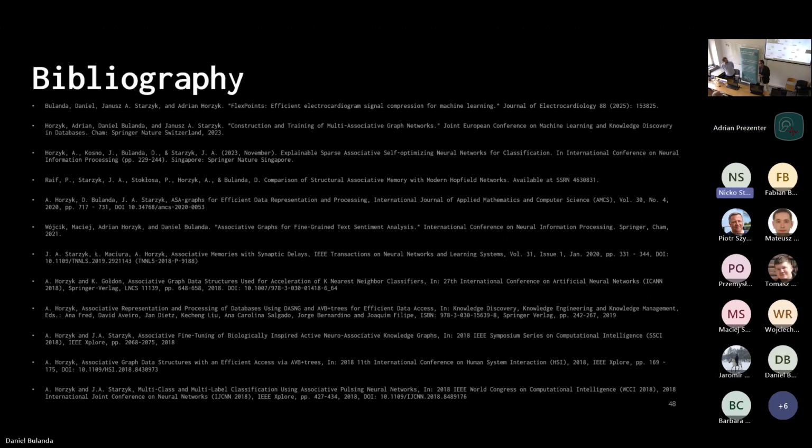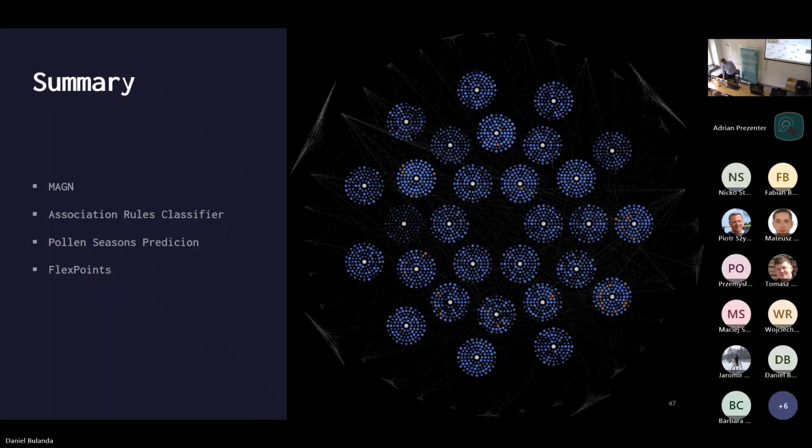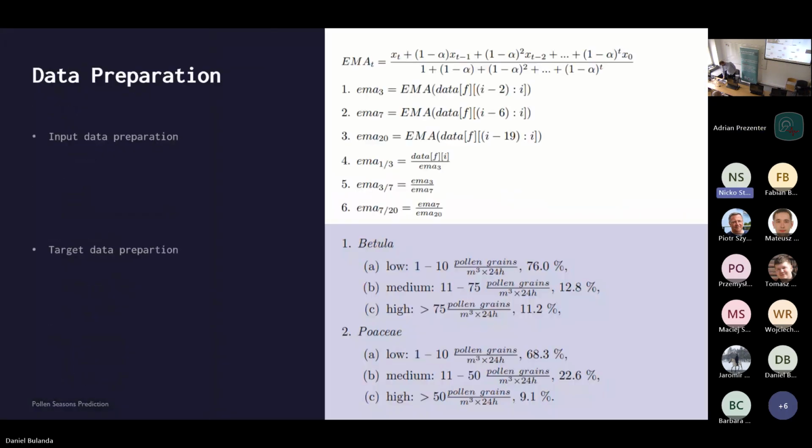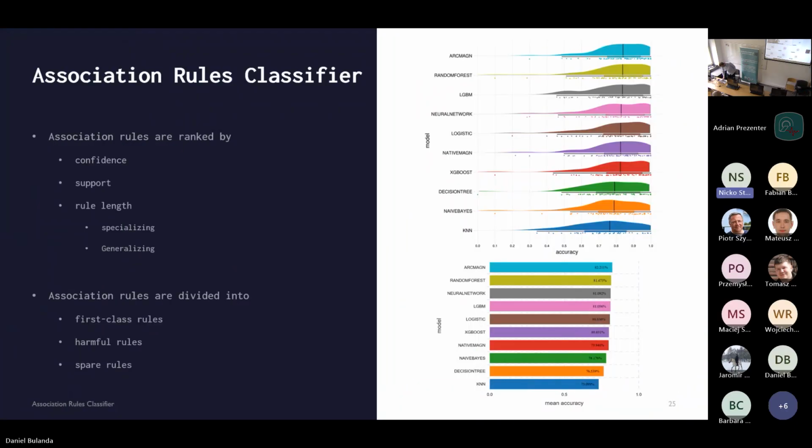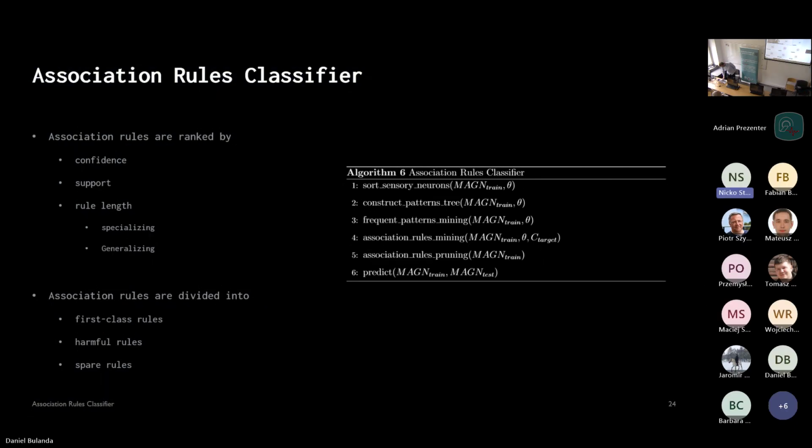Thank you. Can you hear me? Am I audible? Okay. Thank you for your presentation. It was very informative. If you can rewind to the slide about the association rules classifier, or I can just ask the question if okay. Which one exactly? It was titled Association Rules Classifier. Yes, that one. Exactly.